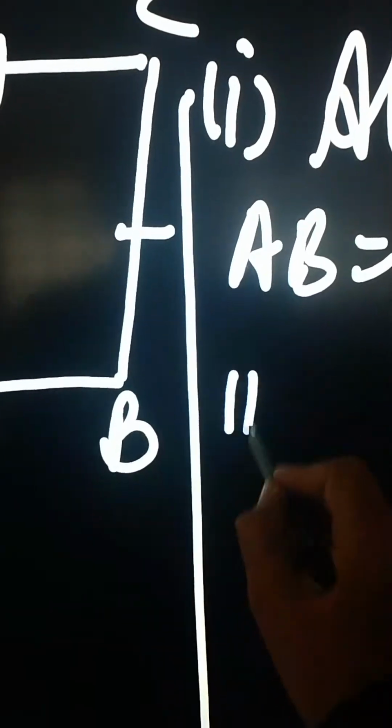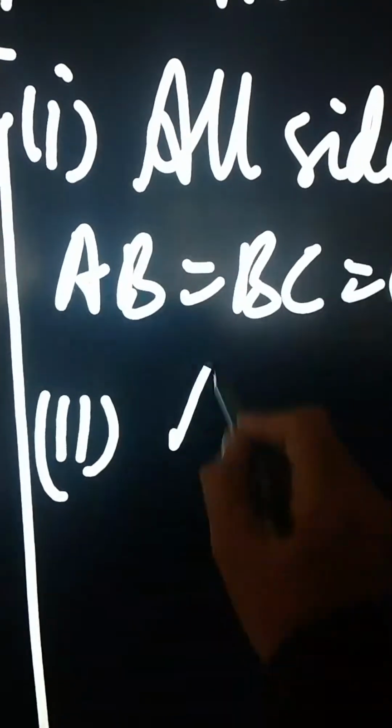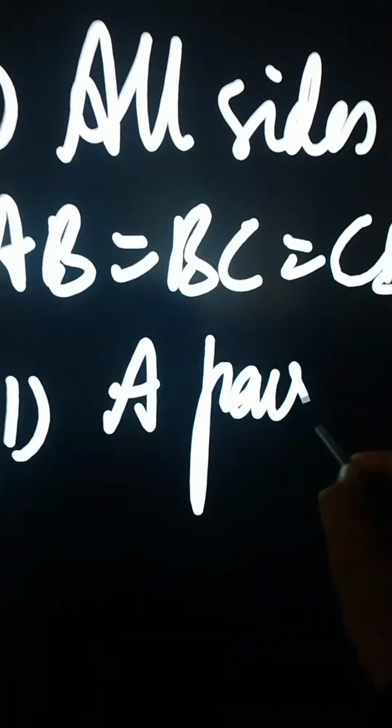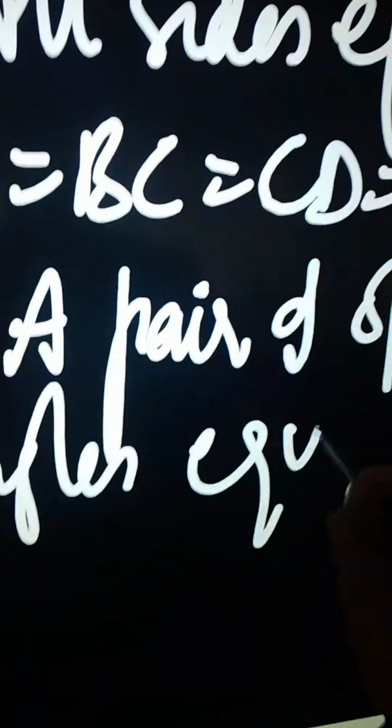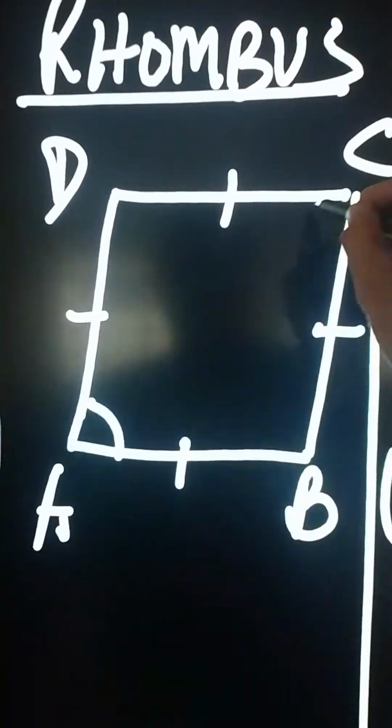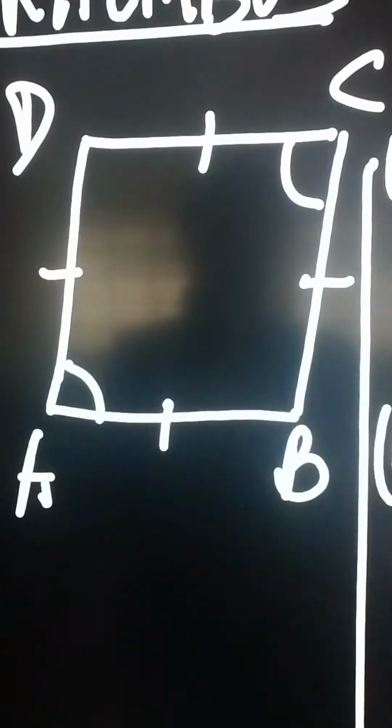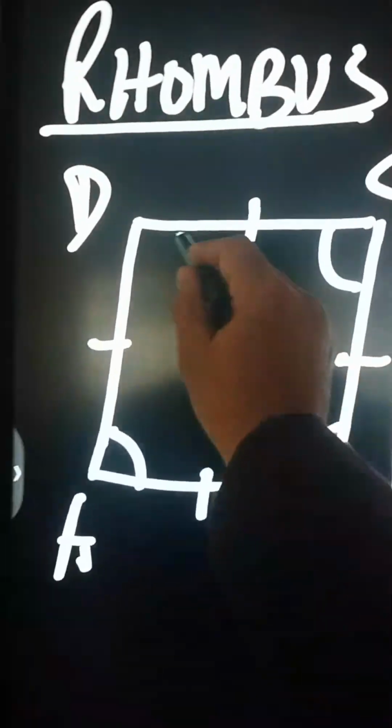So we can say it has a pair of opposite angles equal. That means angle A will be equal to angle C and angle B is equal to angle D.